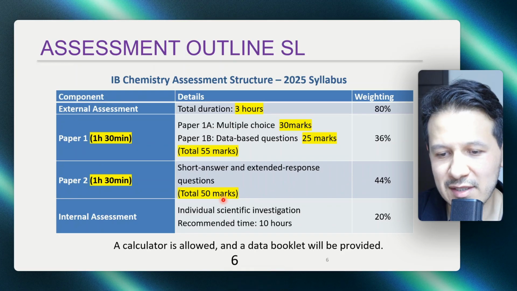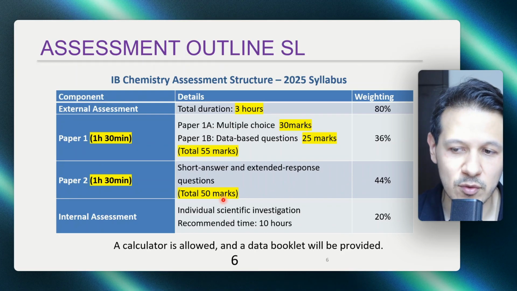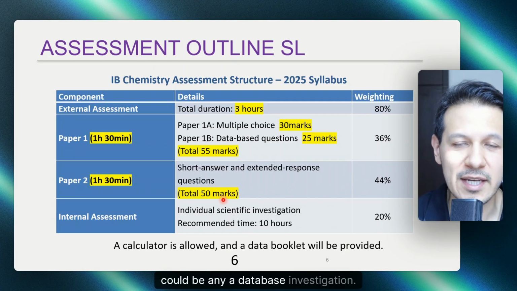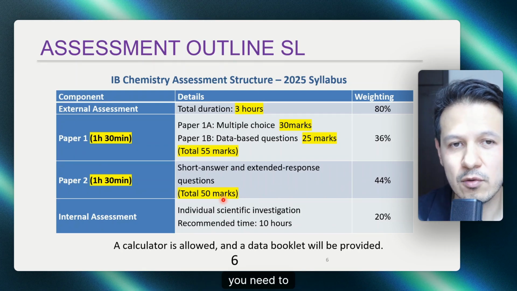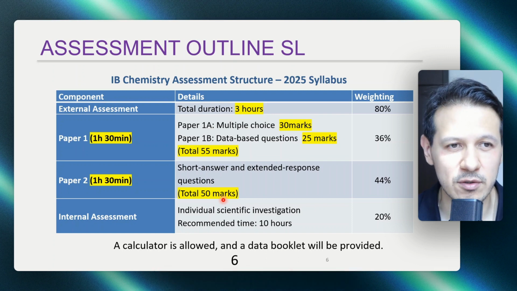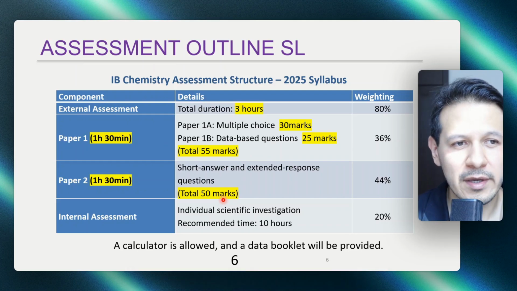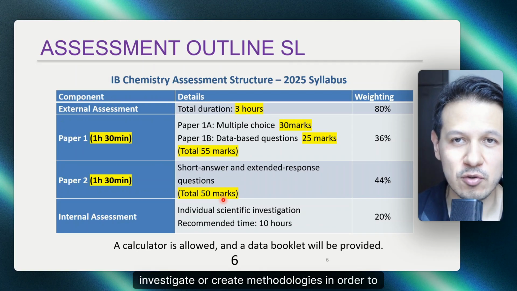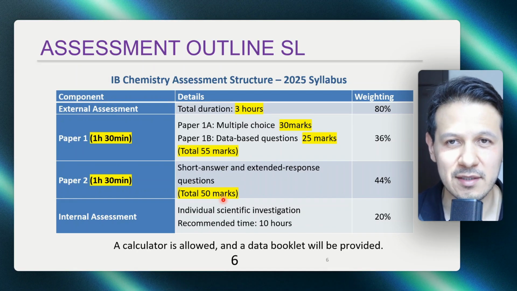So this is an investigation that you have to run in the school laboratory, or it could be a database investigation. The thing is that here you need to pick a research question. You need to create a research question. Once you create a research question, you have to investigate or create methodologies in order to gather your data, and based on this data you have to analyze it.